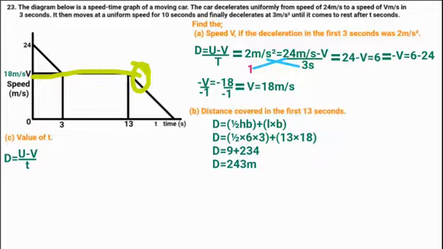So the deceleration we're told was 3 meters per second squared. I'm not going to use units. The initial speed will be equal to 18, that's what we found. Then minus final speed.